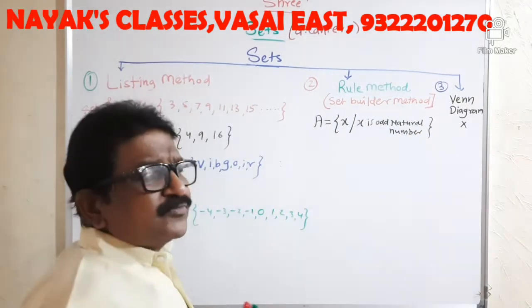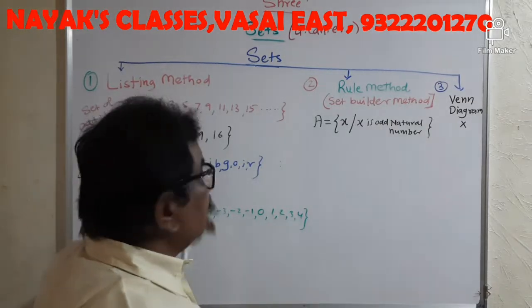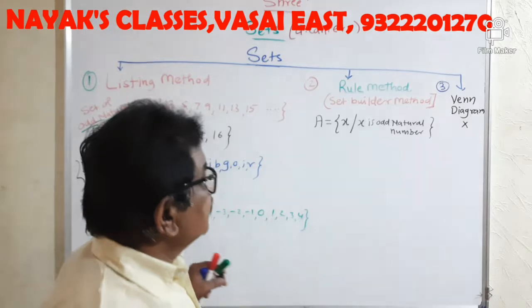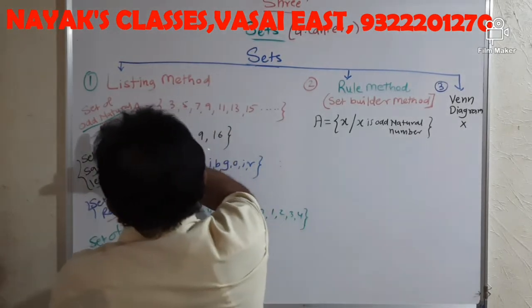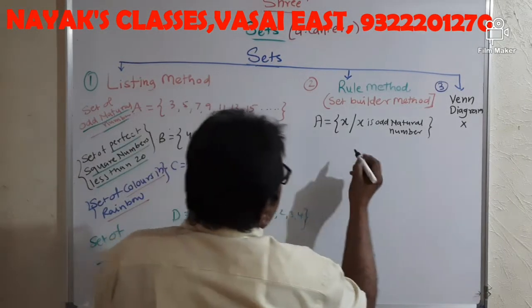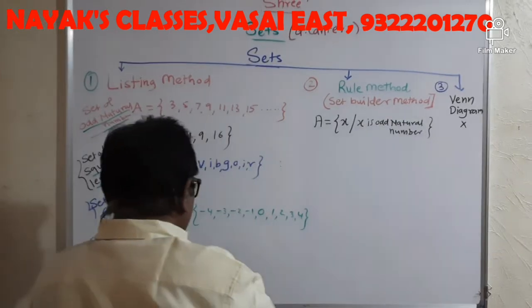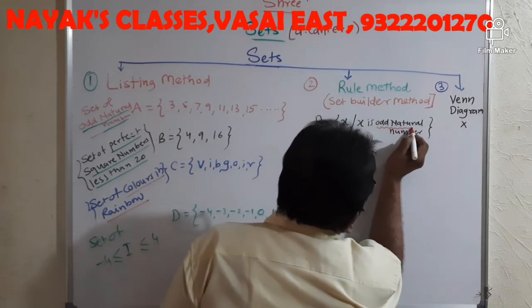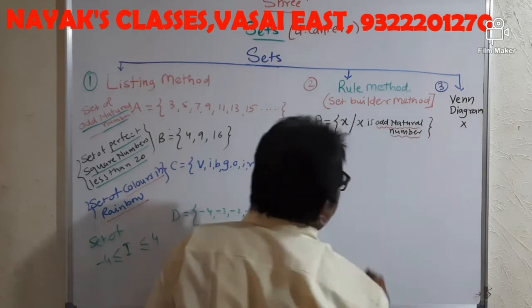So all x will come from 3 to infinity. Odd natural number, this is the rule. We have used the same.